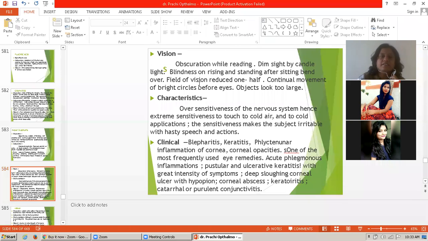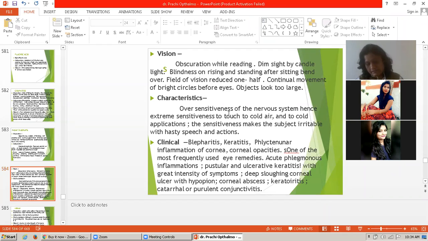And vision shows obscuration while reading, dim sight by candlelight, blindness on rising and standing after sitting bent over, with the field of vision reduced, and continual movement of bright circles before the eyes. Objects look too large.